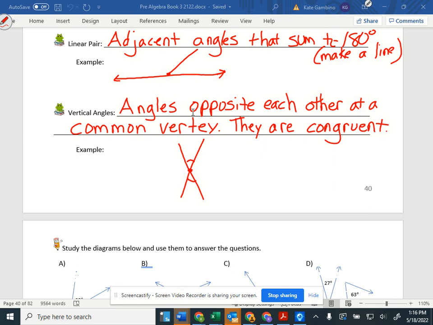So they are the same measurement. This angle and this angle are opposite of each other. They are congruent. So this one is 130 degrees, then this one is 130 degrees. So vertical angles are opposite of each other and are congruent.